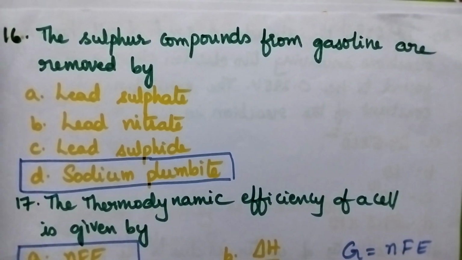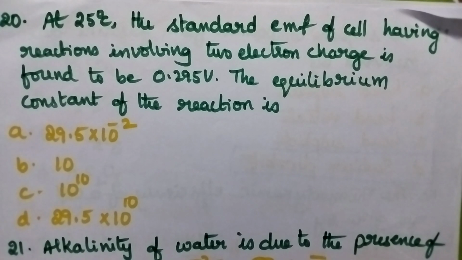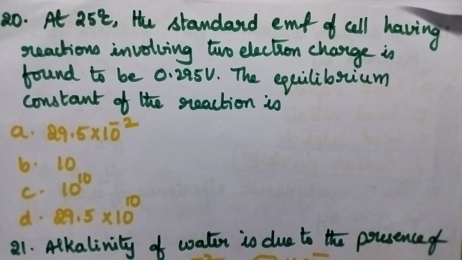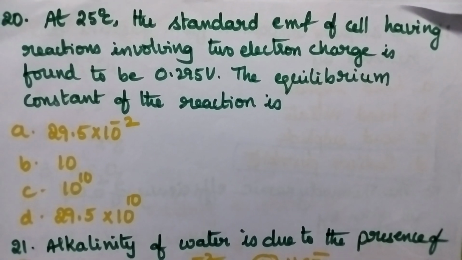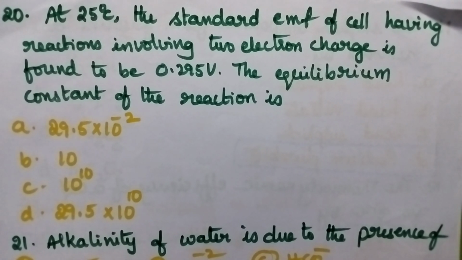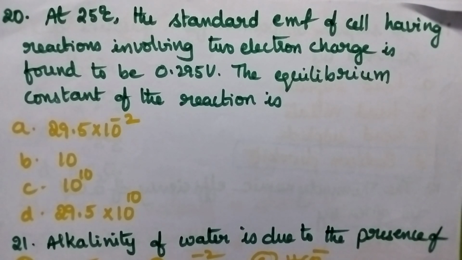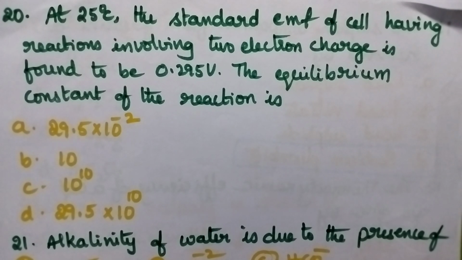Let us move on to the 20th question. At 25 degrees centigrade, the standard EMF of a cell having the reaction involving two electrons change is found to be 0.295 volt. The equilibrium constant of the reaction is.